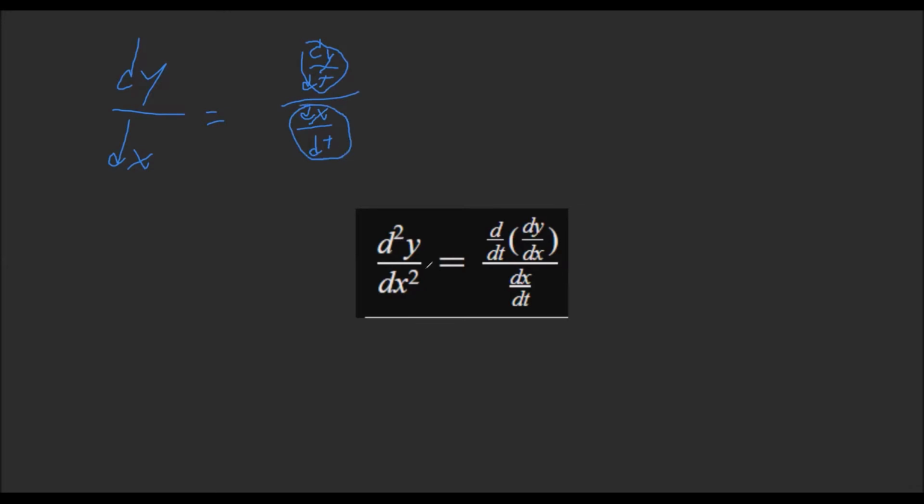Now the second derivative can be represented by the derivative of the entire derivative of the curve, over the denominator of the original derivative. So just keep that in mind. And yeah, let's get into the practice problem.